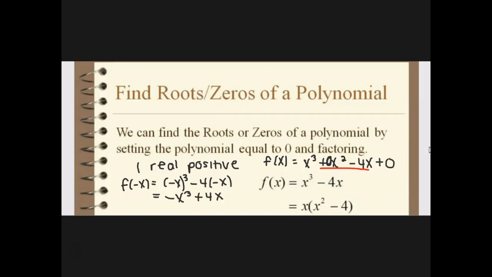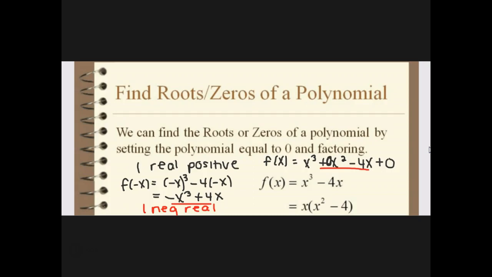So that determines another sign change. So that tells me that I have one negative real. And then the tricky one are zeros. Zeros don't count as positive or negatives.